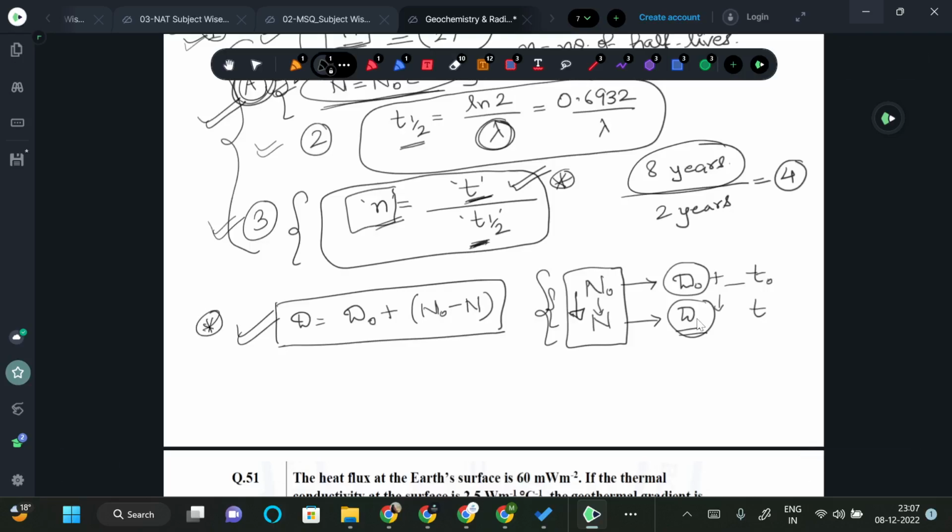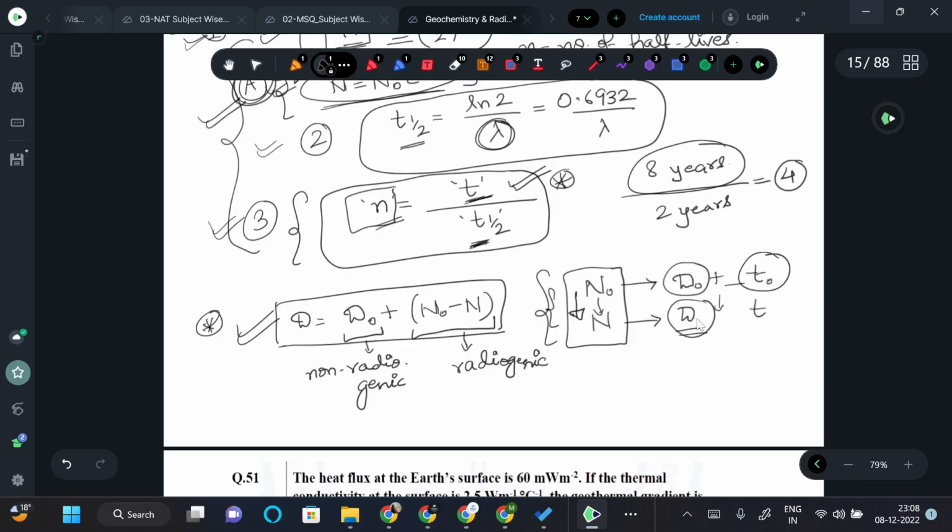Now here you can see this D naught is basically the non-radiogenic daughter. Non-radiogenic means that daughter part which is not produced because of radioactivity. And this other part is the radiogenic daughter formed.